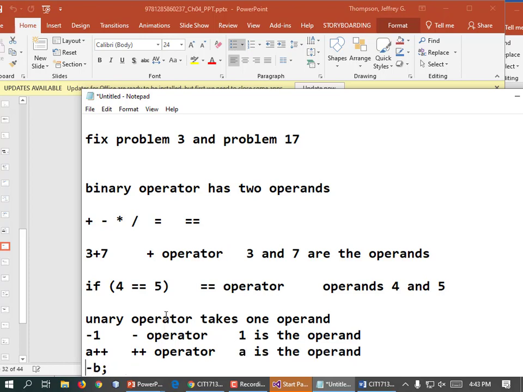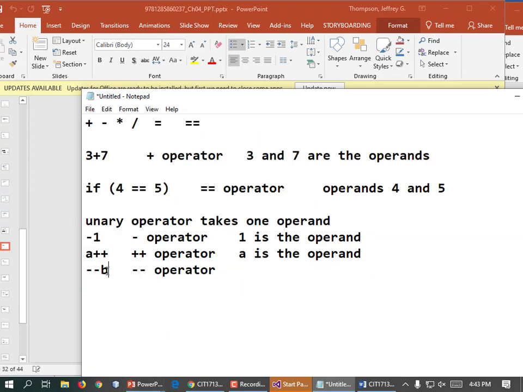And minus minus B. That's the operator. Is this a prefix decrement or a suffix or postfix? It's a prefix decrement. And since it comes first, it means it would be the very first thing that happened if it was part of a larger complex expression. And so in this case, B is the operand.